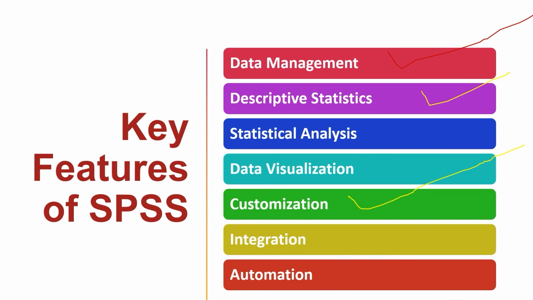So SPSS allows you to identify and handle missing values in your data set. You can choose to exclude cases with missing values from analysis, impute missing values using various methods, or treat missing values as a separate category. So these are the options which are given by SPSS.